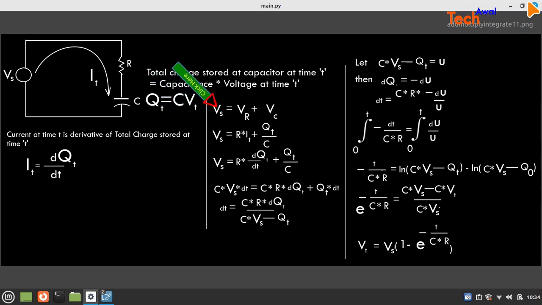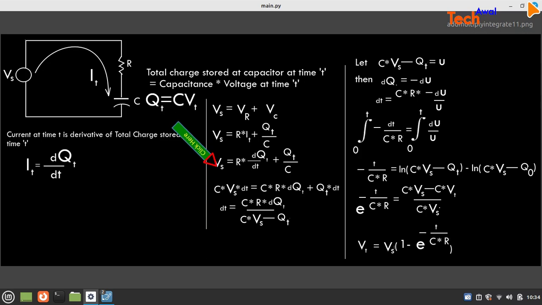Vs is the source voltage, and that is equal to the resistor voltage plus the capacitor voltage. The resistor voltage is resistance times the current at that moment, and the capacitor voltage is Q(t) by C. Now the current is nothing but dQ(t) by dt, and this is Q by C. This comes to a differential equation.